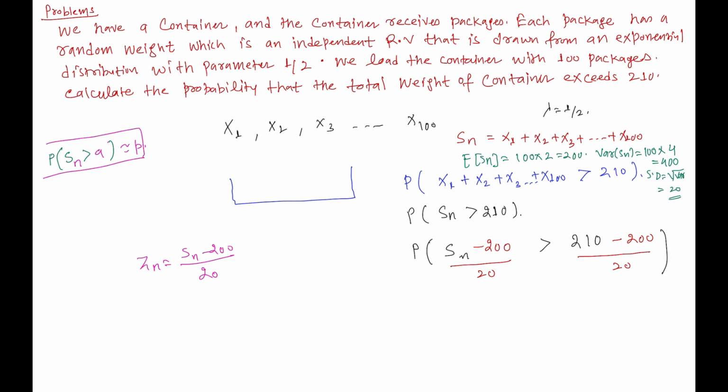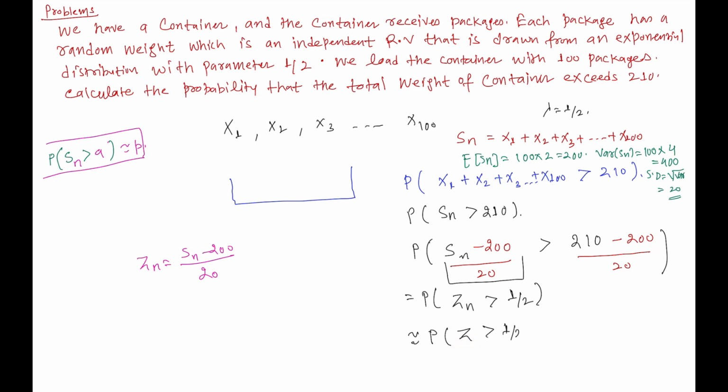So this is nothing but the probability that Zn is greater than half, right? And by the central limit theorem we can say this will be approximately equal to the probability that the standard normal random variable Z is greater than half.